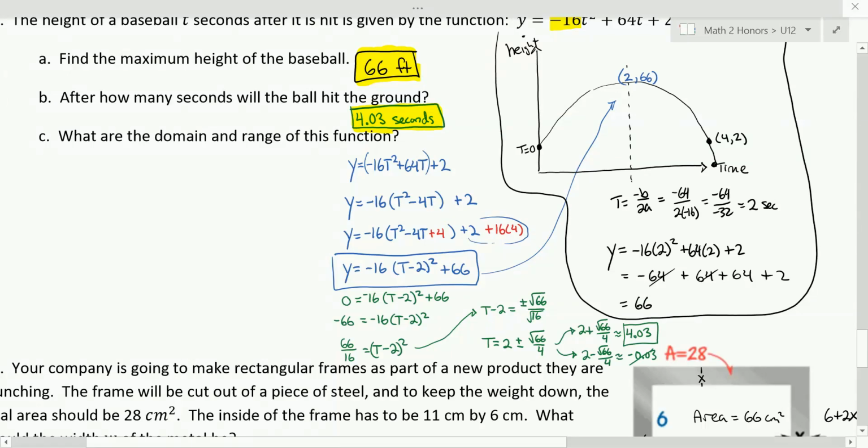From our picture, we know we should get an answer greater than 4 seconds, right?